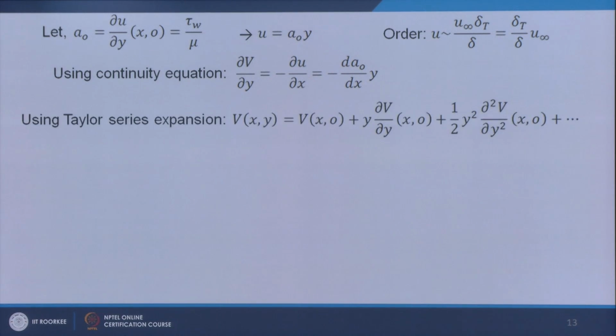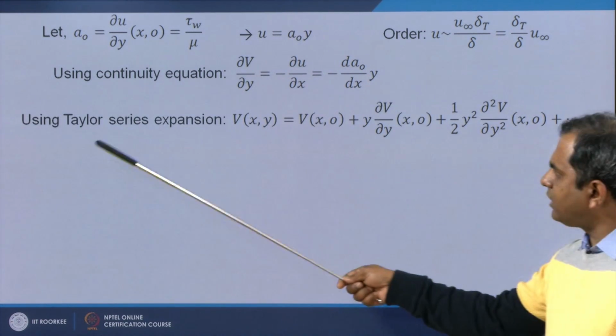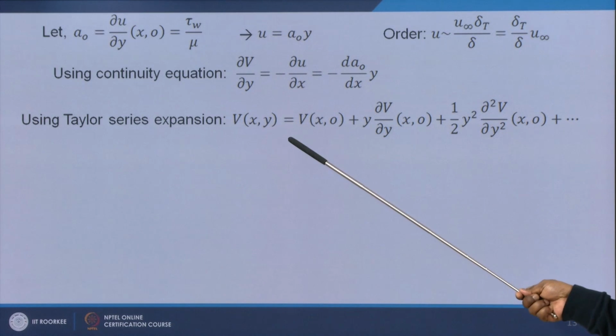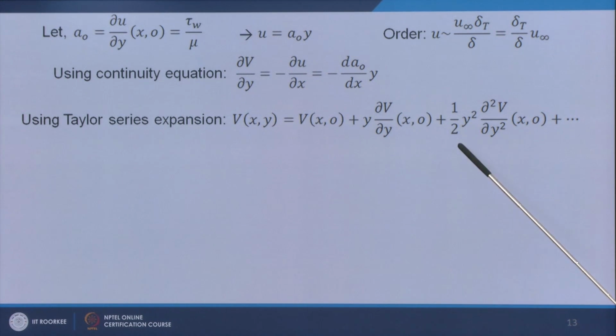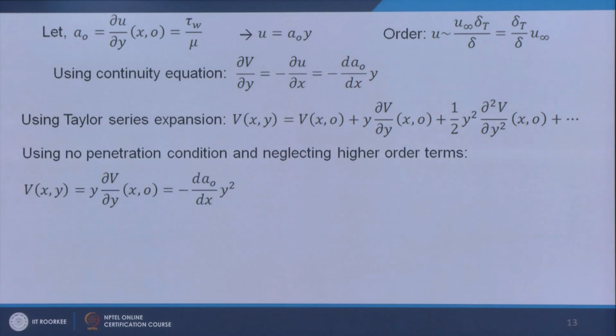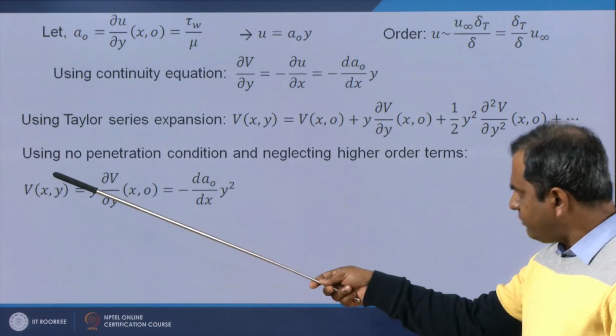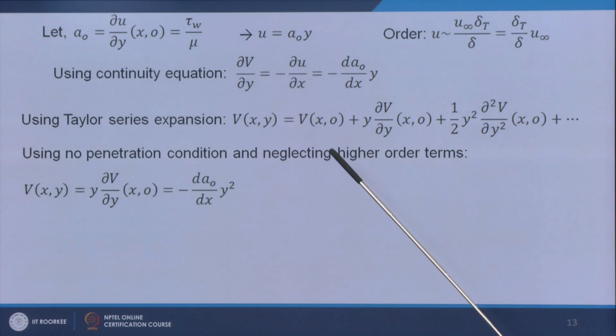Okay. Now if we try to use the Taylor series expansion for V, just like the U as I have shown in the previous slide, you can find V into Y into dV/dy plus half into Y square into ∂²V/∂Y² and so on. Now if we use no penetration, once again this term becomes 0 at the wall.